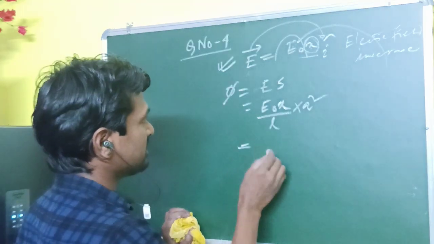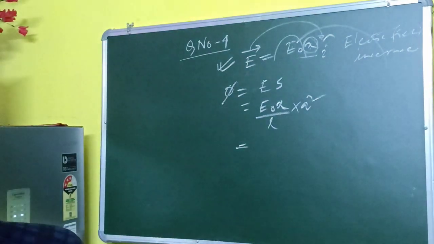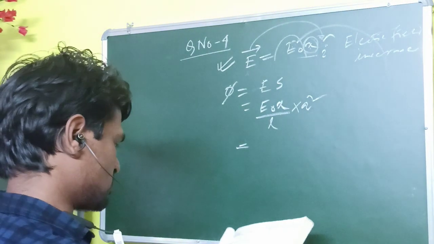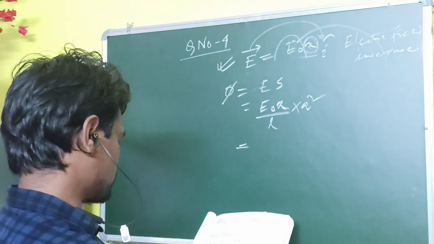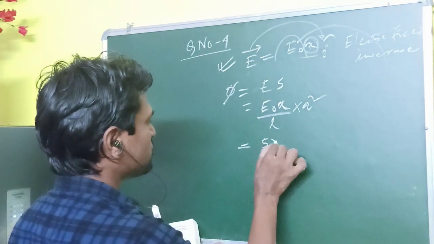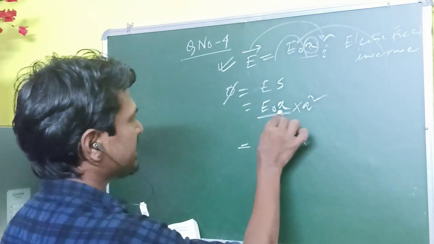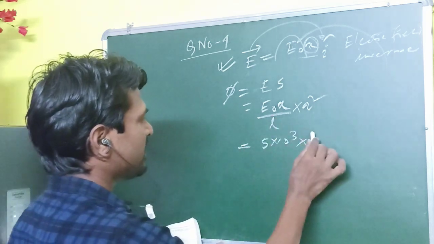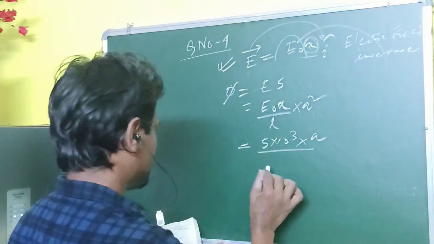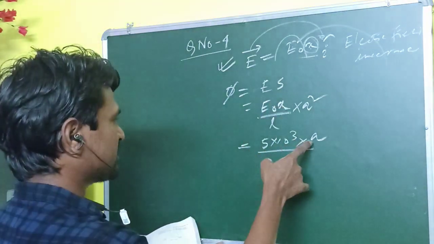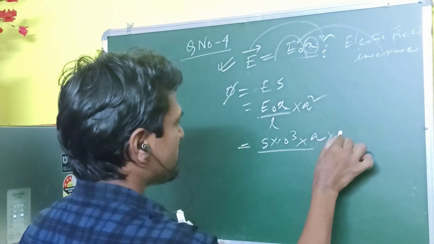So E naught is given, and E naught is 5 into 10 to the power 3. So E naught into x, where x is the distance a, so this is E naught a divided by L, into a square.